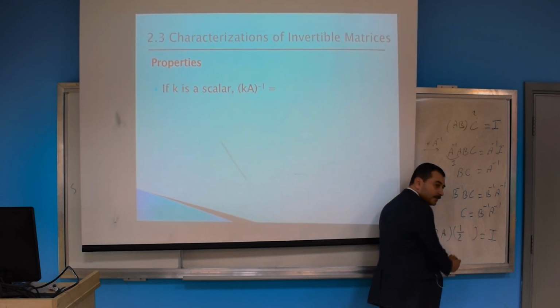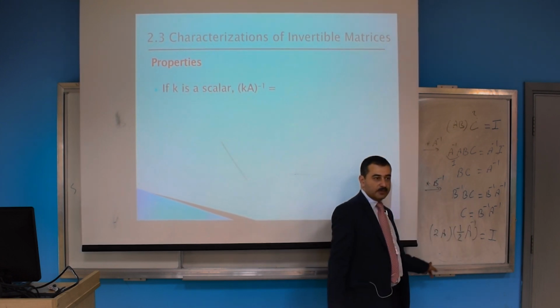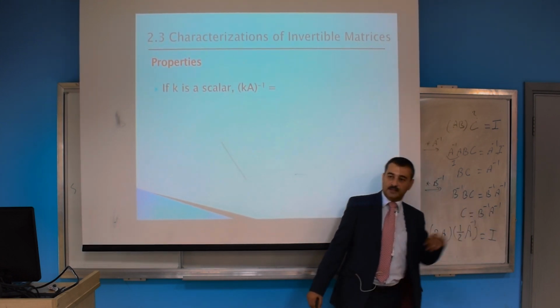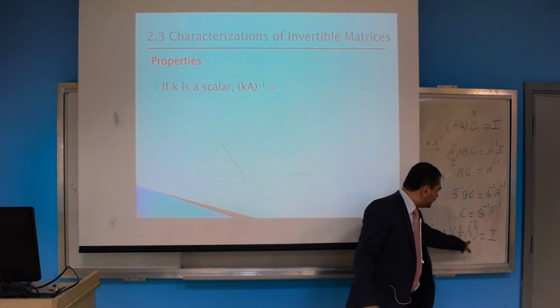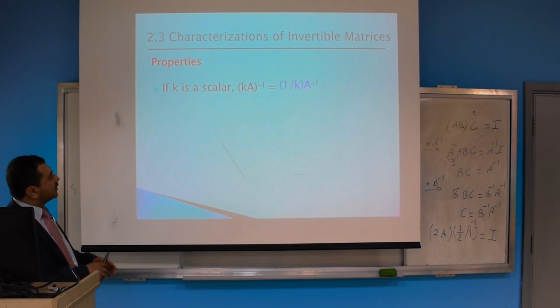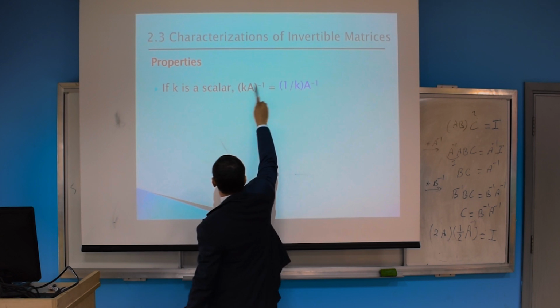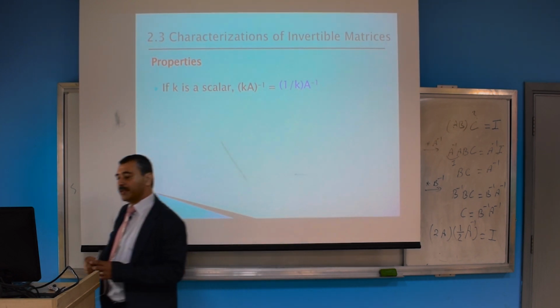Half inverse of A. If you multiply these, you'll get the identity directly. So the inverse of this is half inverse of A. So actually, if you take the inverse of each one, and this is a scalar, its inverse is 1 over K.